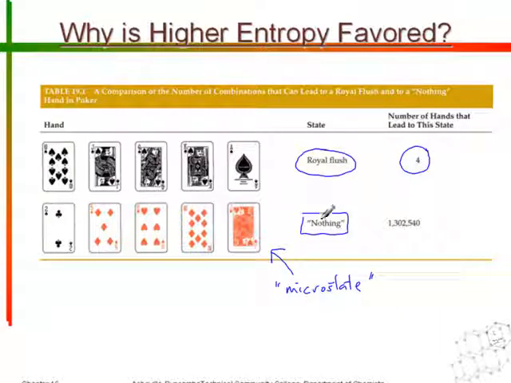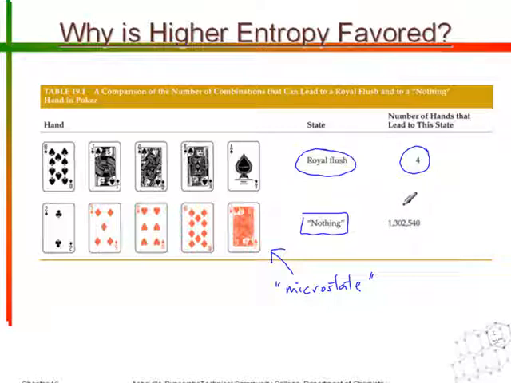And so this notion of probability plays a major role when you start digging a little deeper into entropy. Why is randomness favored? Well, it's just more likely to occur than something that's in a very organized system like we have for the royal flush. It's just less likely to get a nicely organized, compact state, whether it's in poker or in a chemical reaction.